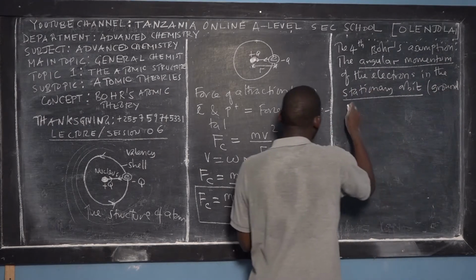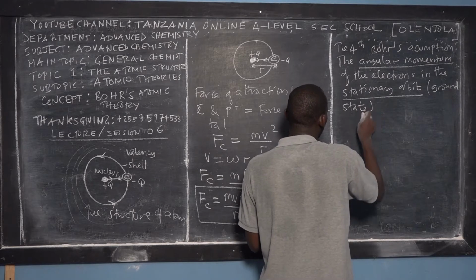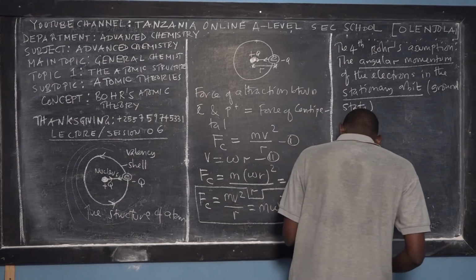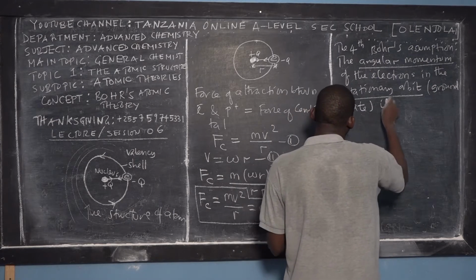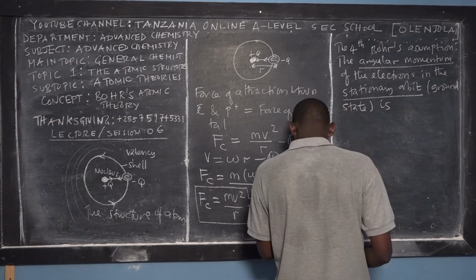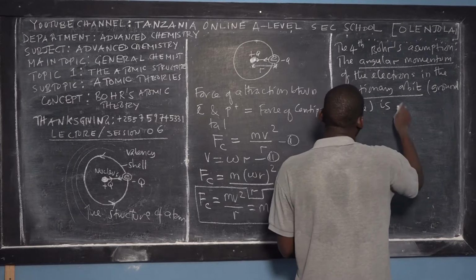especially at the ground state, because the dwelling place of electrons, or the energy level of electrons, is the ground level. So it is quantized.